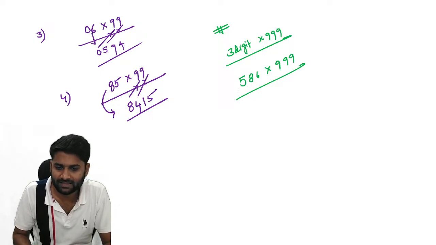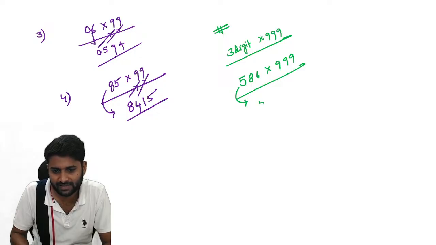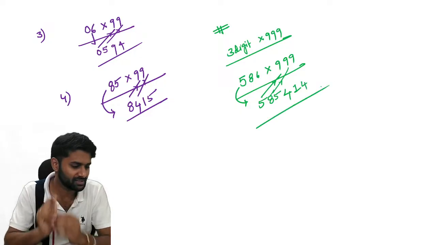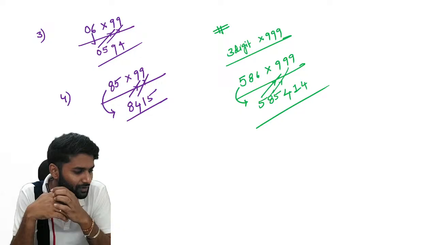See, same. Consider the previous number of 586. It's 585. Then 5 becomes 9, we require 4 units. 8 becomes 9, we require 1 unit. And 5 becomes 9, we require 4 units. So 585414 is the correct answer.